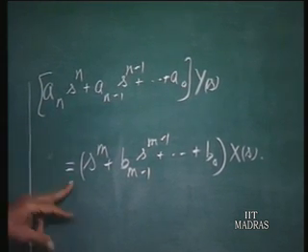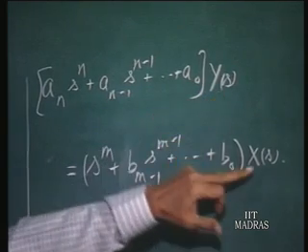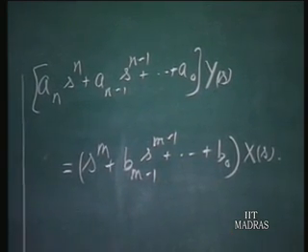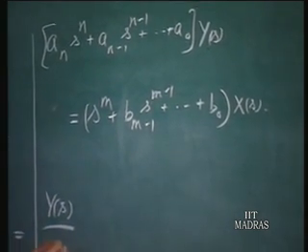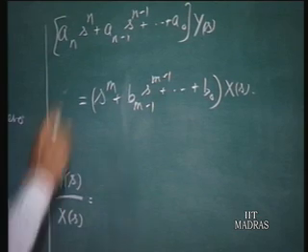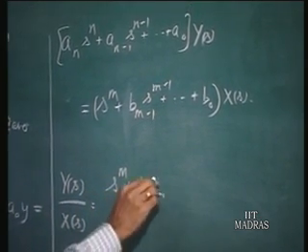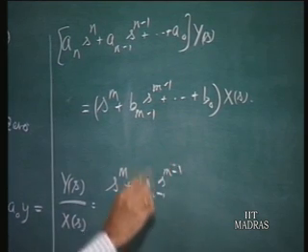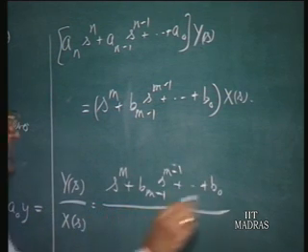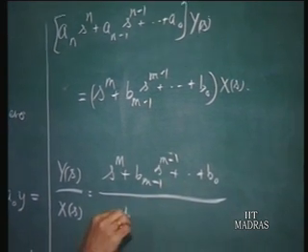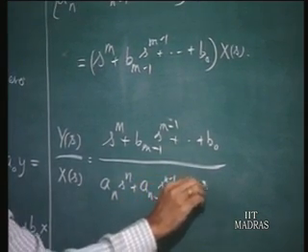So the differential equation, after taking the Laplace transform, is converted into an algebraic equation relating the transform of the response quantity to the transform of the input quantity. Now the ratio of Y(s) to X(s) is the ratio of two polynomials, (s^m plus b_(m-1) s^(m-1) plus ... plus b_0) divided by (s^n plus a_(n-1) s^(n-1) plus ... plus a_0).